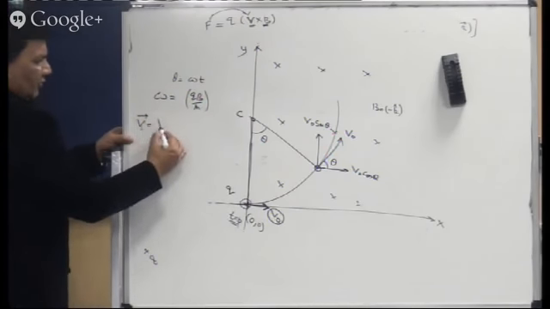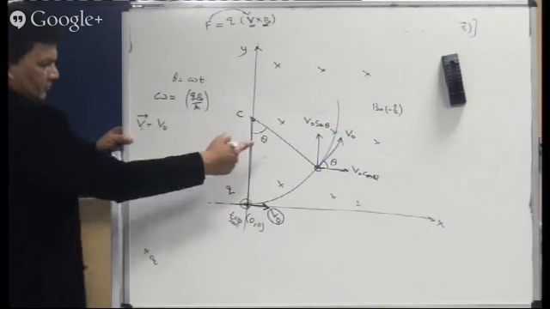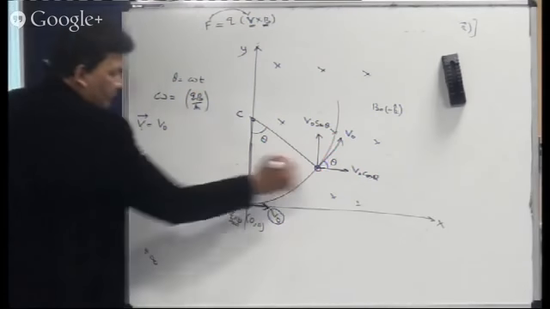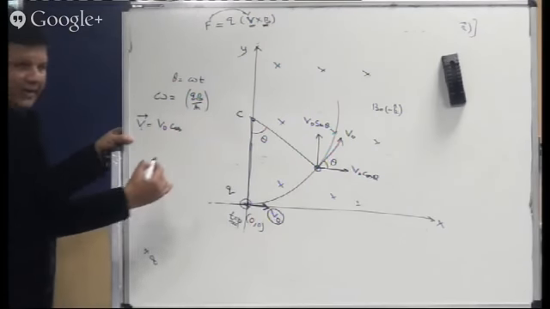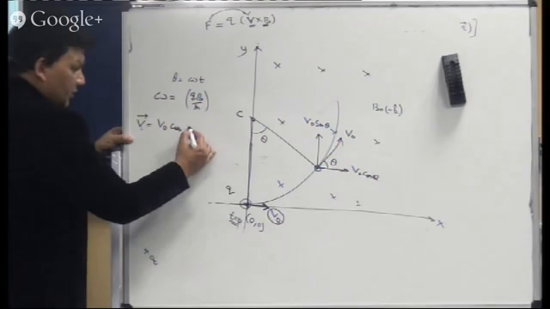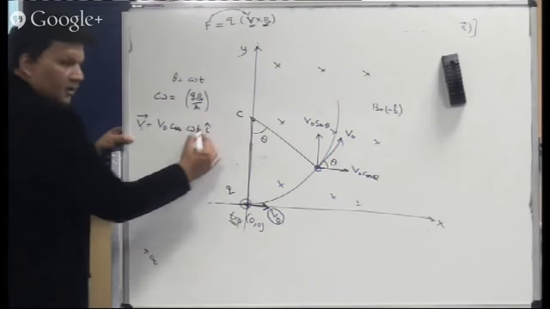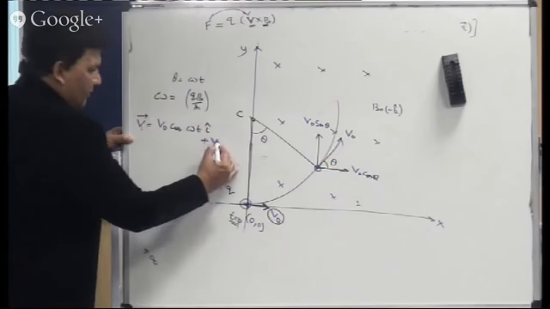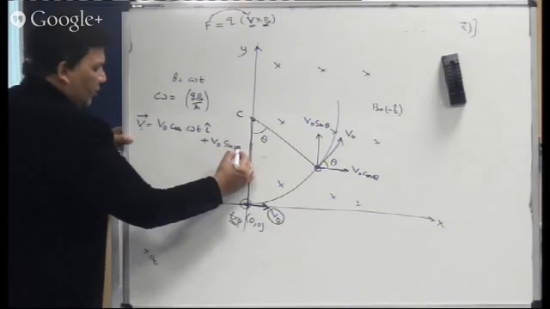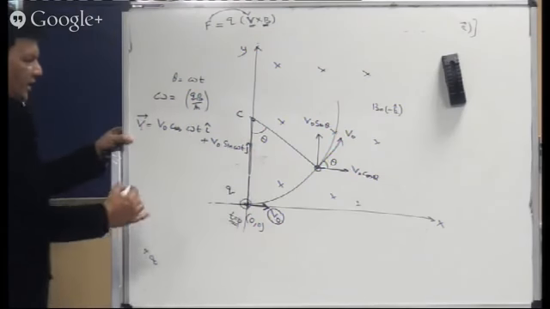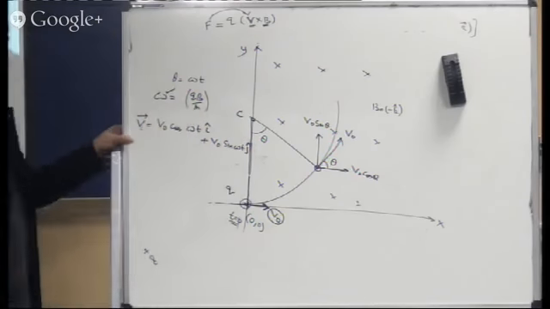क्या लिखूं? V naught cos, everybody, जोर से बोलो, V naught cos omega t i cap plus sine omega t j cap. And what is the value of omega? qB by m.